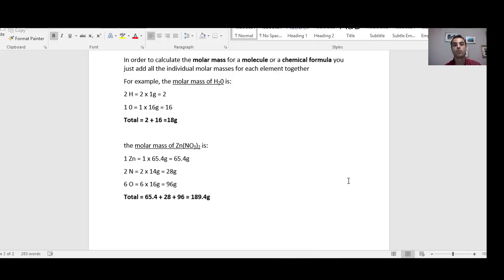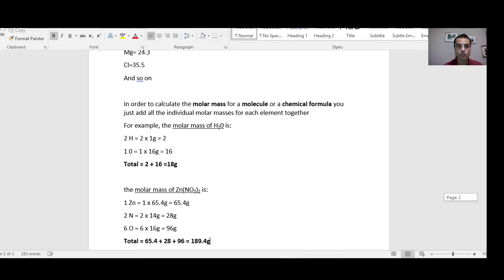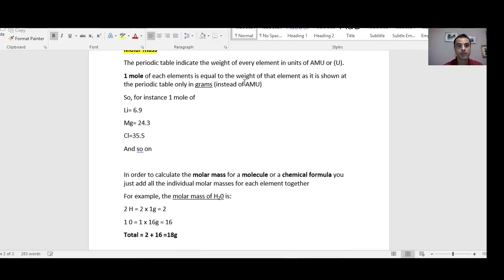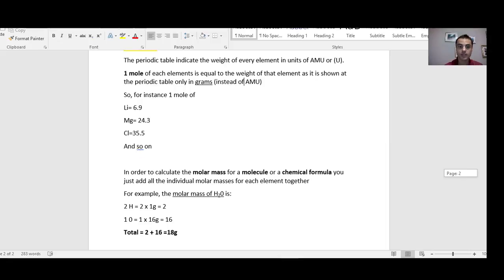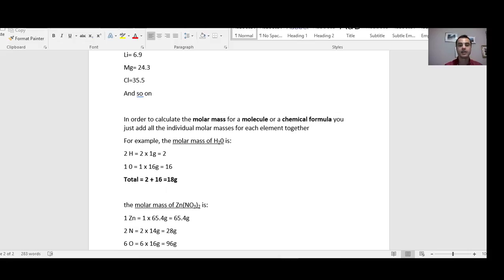So this is how you calculate the molar mass for individual atoms, by directly looking at the periodic table. And that's how you calculate the molar mass for molecules or chemical formulas, by adding the molar masses of the individual atoms that make up the formula or the molecule.